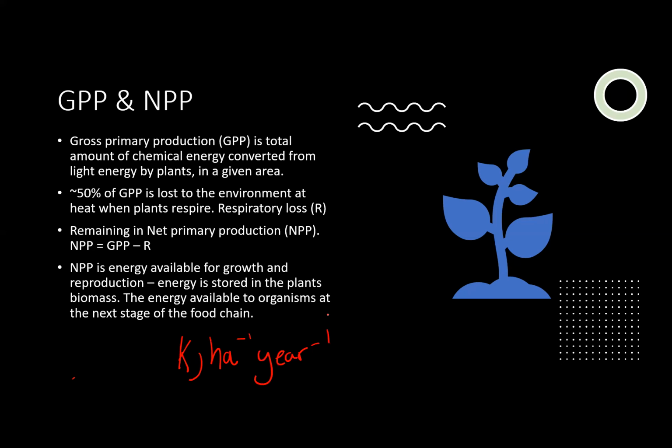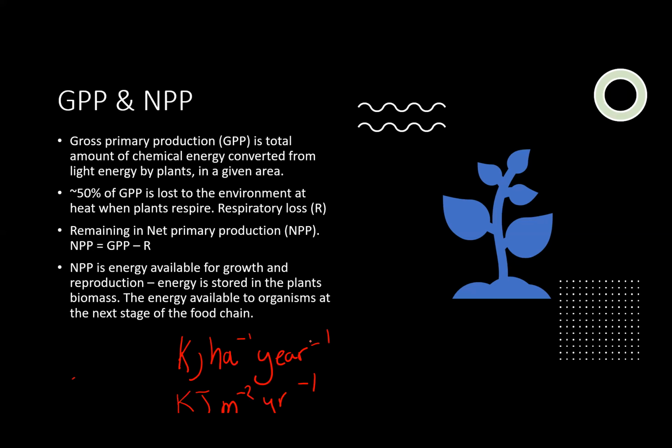So kilojoules per hectare per year. Sometimes it could be written as this instead. So you might see it as kJ per meter squared per year. So whichever way, one of the two. When primary production is expressed as a rate, we call it primary productivity.